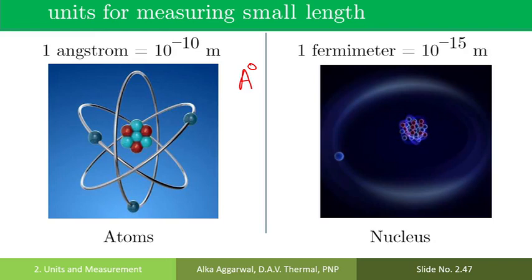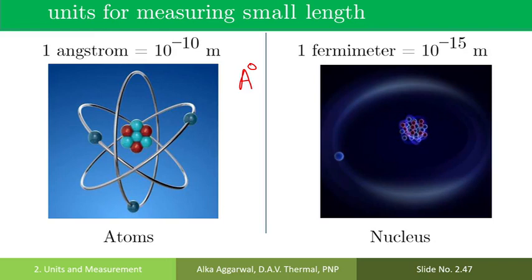Angstrom unit is generally used to express the size of the atoms or wavelengths. If the wavelength is said to be 7000 angstrom, then it means 7000 into 10 to the power minus 10 meter. That is equal to 7 into 10 to the power minus 7 meter.